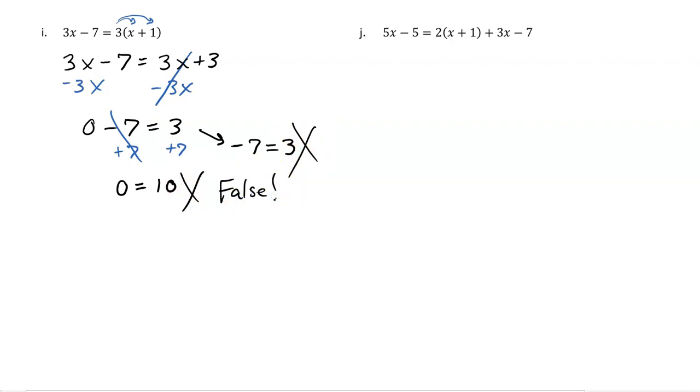So if my variables all cancel and the resulting statement that I get cannot possibly be true, negative 7 cannot equal 3, or in this other version, 0 cannot equal 10, if we get a false statement out of this, then we're going to say the equation has no solution. No solution.